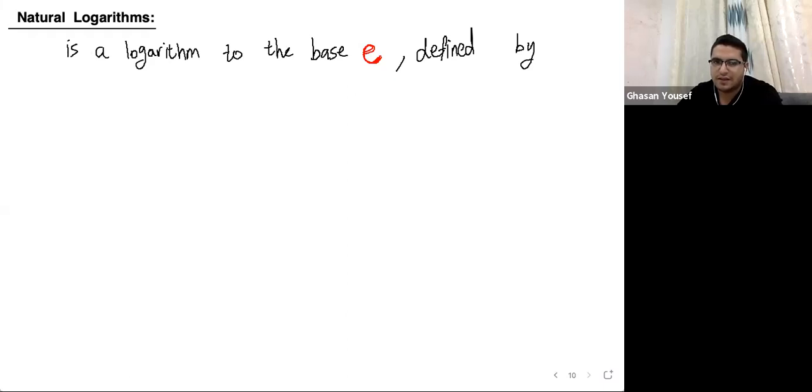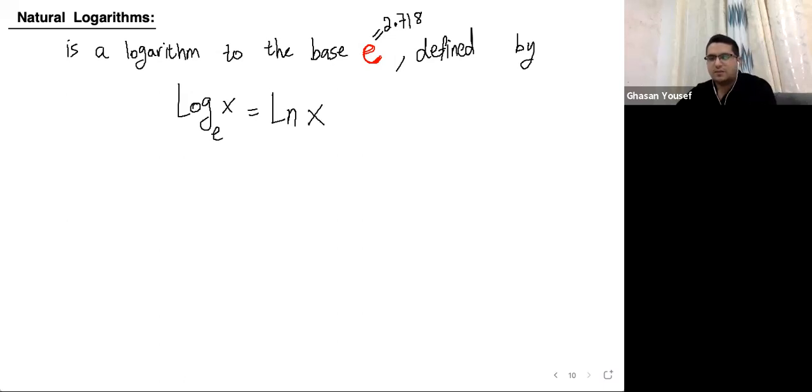So e is called the natural number. The natural number here is equal to 2.718. So the logarithm to the base e is defined by log of x to the base e, and this is written ln, called ln of x. So ln of x is the natural logarithm.